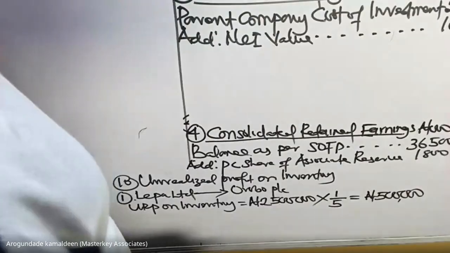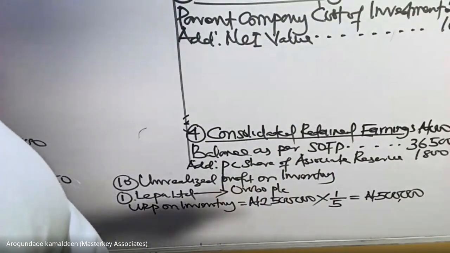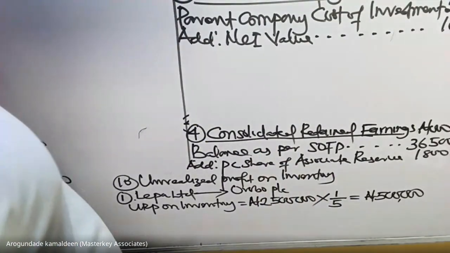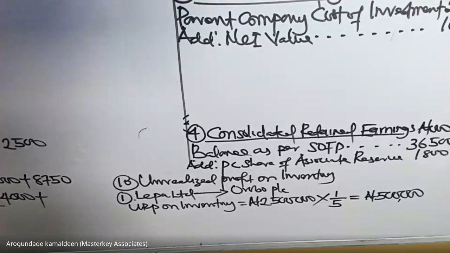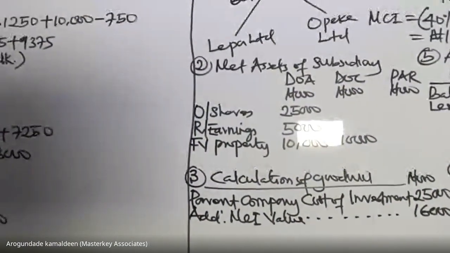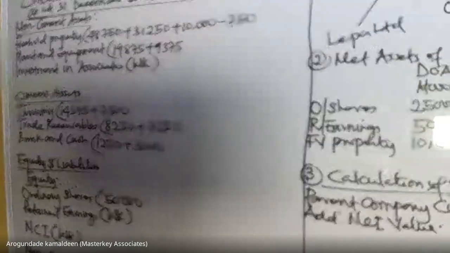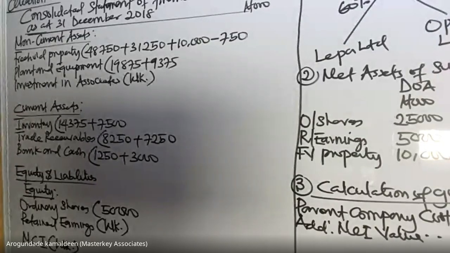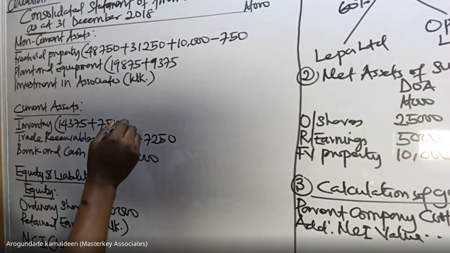Take it from the retained earnings of the seller, number one. Two, from the inventory. So in this case, you are not going to take based on percentage, please.